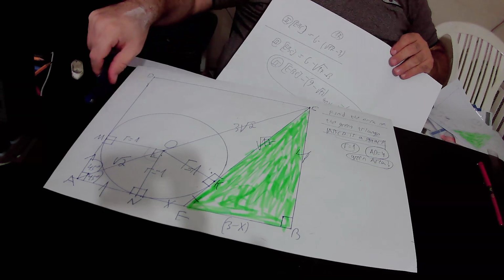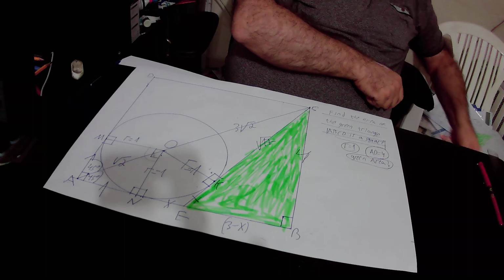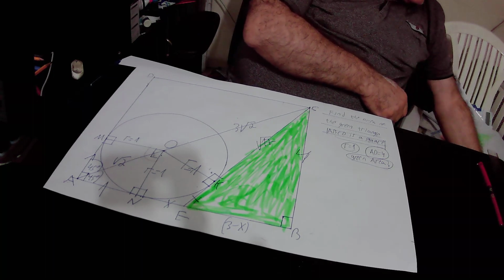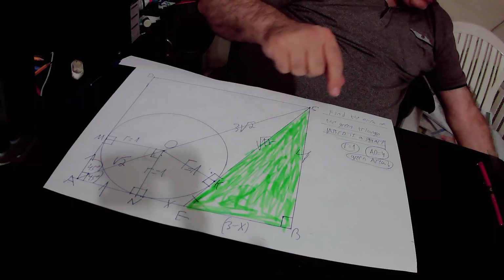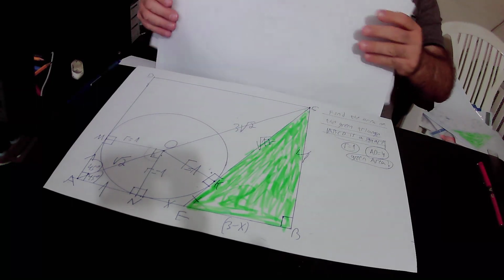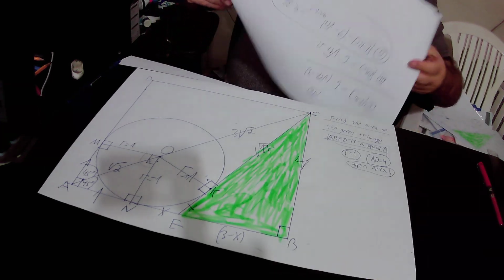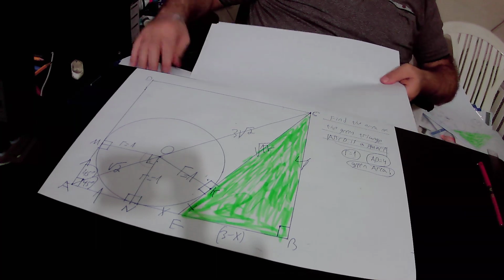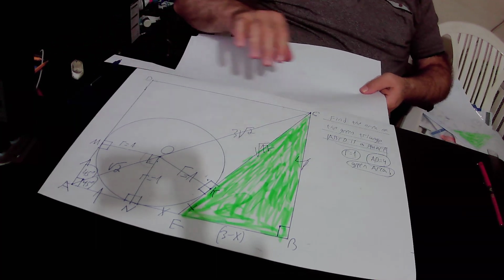Okay, so now I will summarize the lecture. Actually, we wanted to find out the area of this green triangle, and we have here square ABCD.